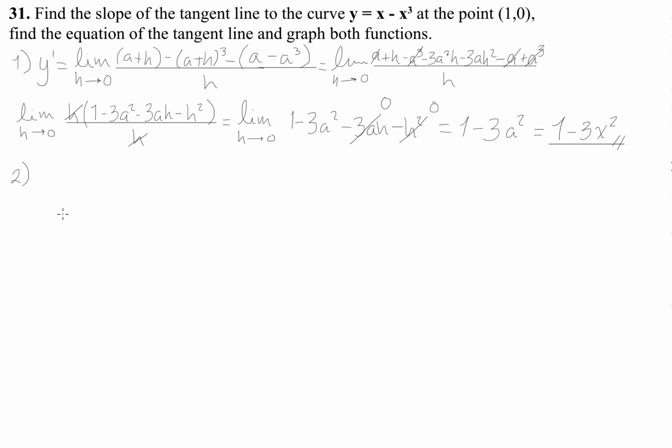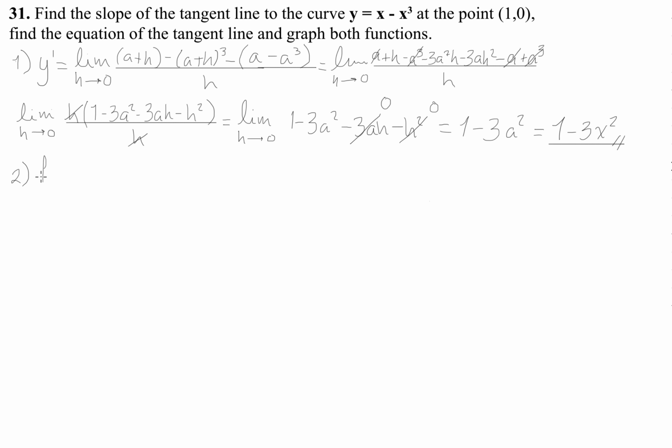Let me show you something. I know that this curve passes through this point, or in other words, I know that this point belongs to this curve. But I can still check that.